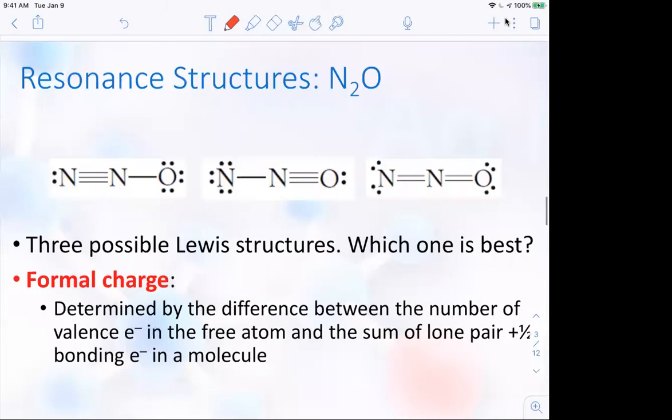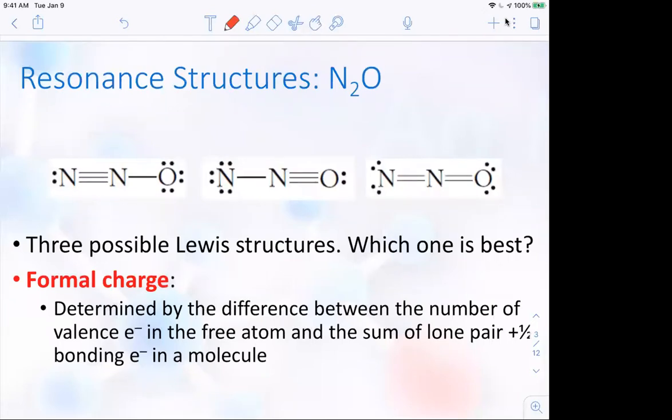Now, let's look at this molecule, N2O. I can actually draw 3 resonance structures for this particular molecule, and they're all valid. And the 3 resonance structures I can draw are illustrated here. Which one is best? In order to determine which of the 3 resonance structures I can draw for dinitrogen oxide is best, I need to consider something called formal charge.